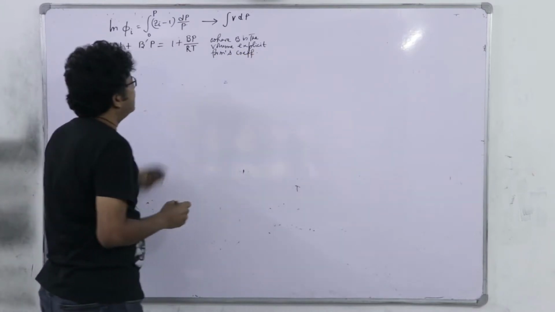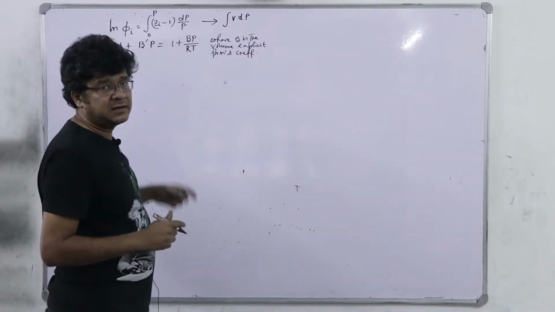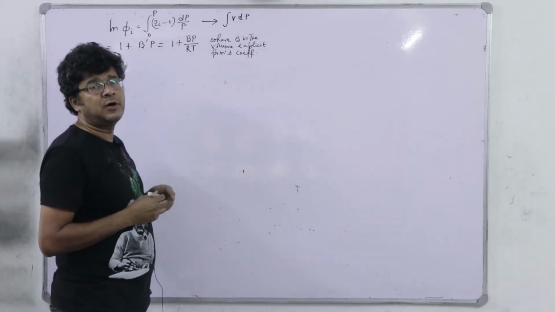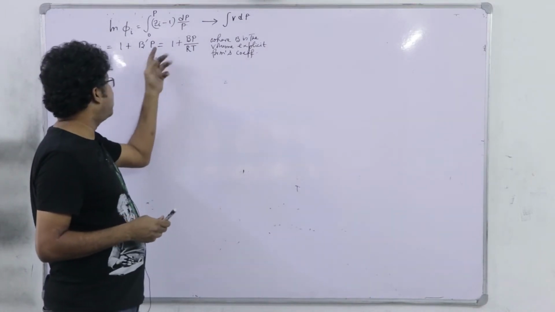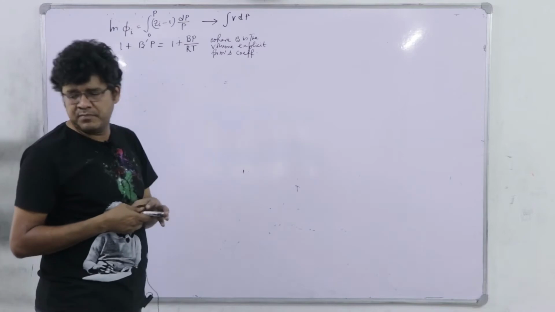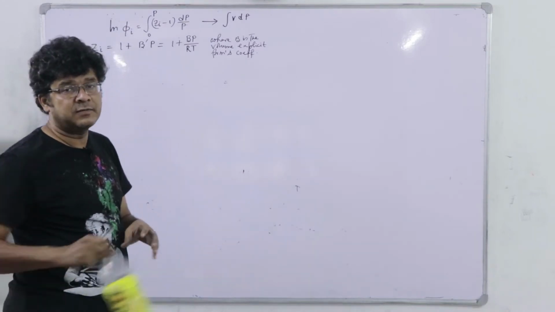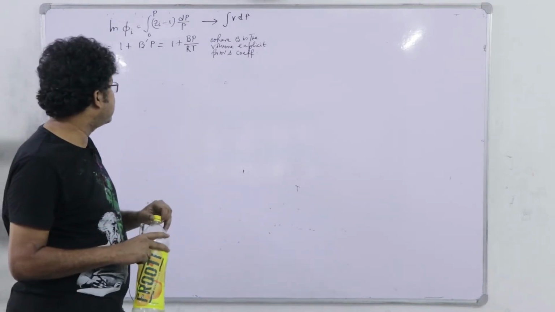It is a standard custom to replace this pressure explicit forms coefficient by the respective volume explicit forms coefficient of the virial equation.